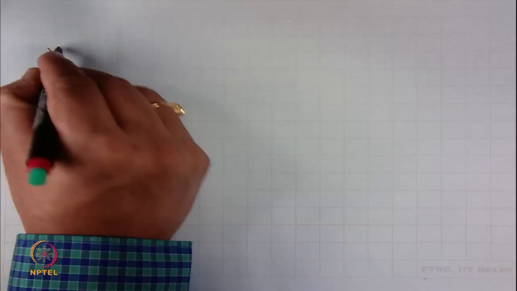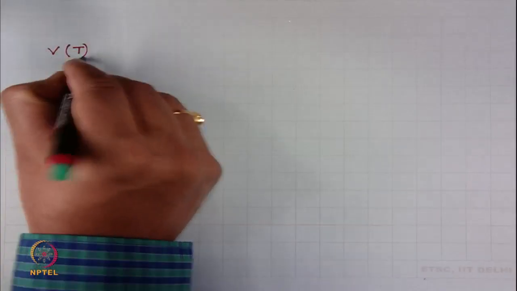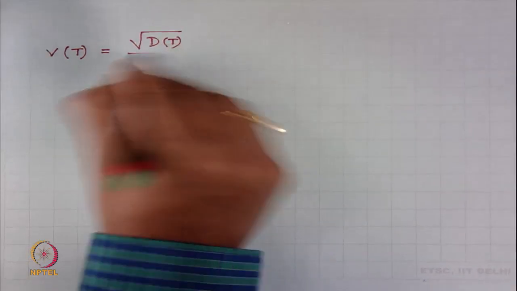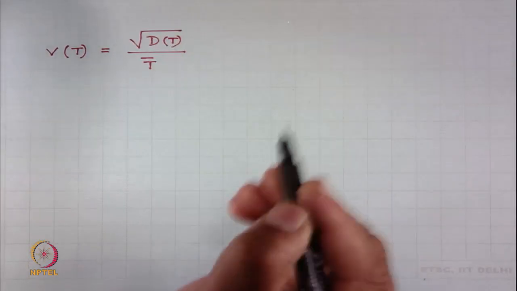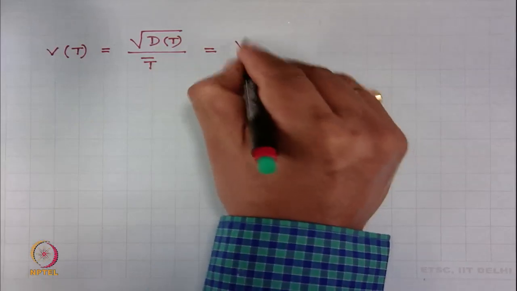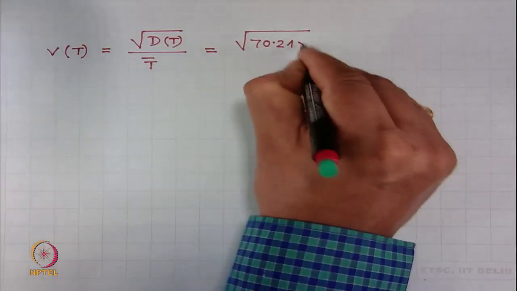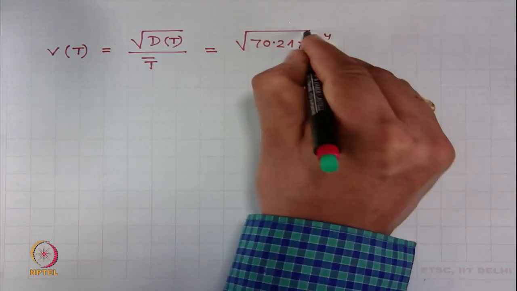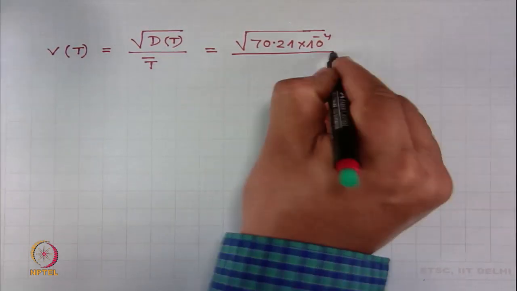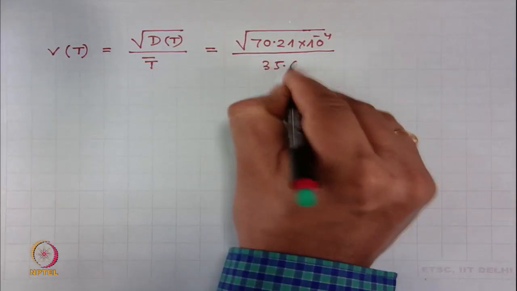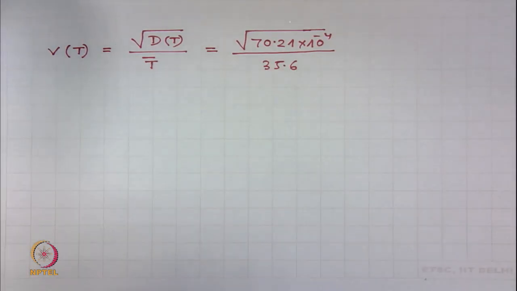So, double sliver by this. So, this is your 70.21 into 10 to the power minus 4 and T bar is your 35.6. Okay.